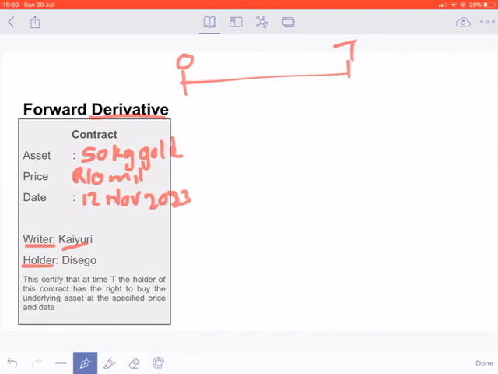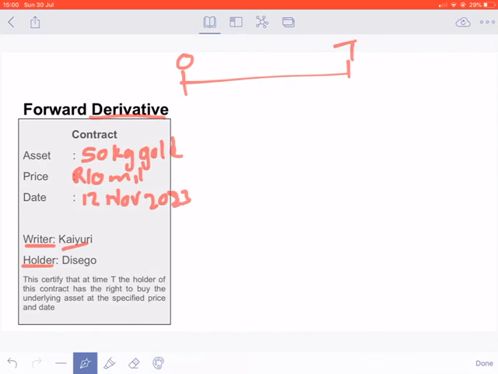In this way, they both lock their price at 10 million rand. This is a very good contract, so that both people are protected against any fluctuation of this commodity.